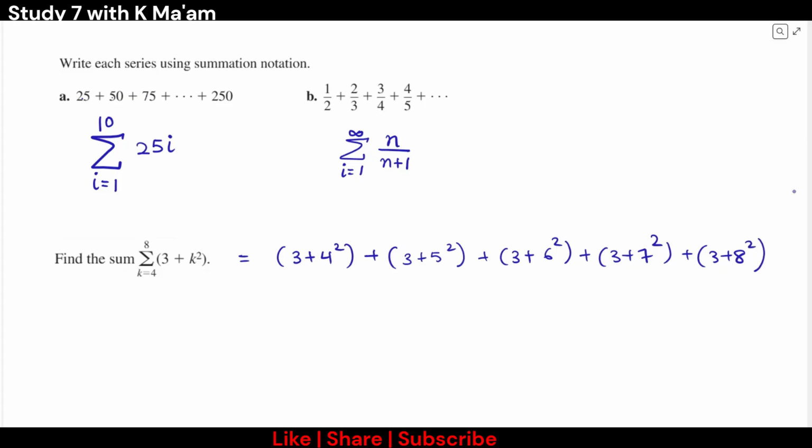Okay. Now substitute values. 4 4s are 16 plus 3 is 19. 25 plus 3 is 28. 36 plus 3 is 39. 52 and 67. If I add all terms, we'll get 205.